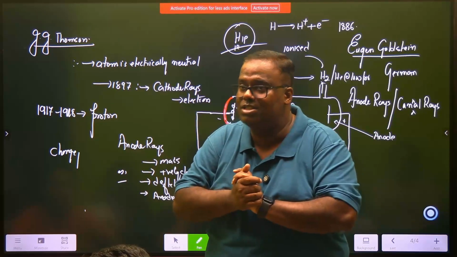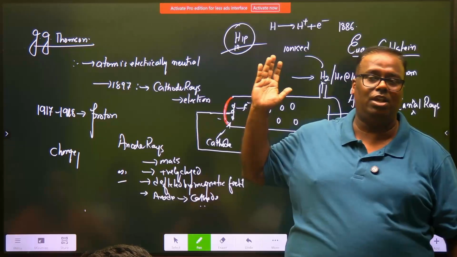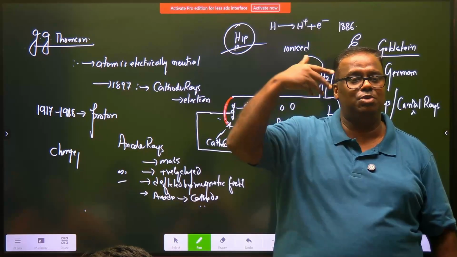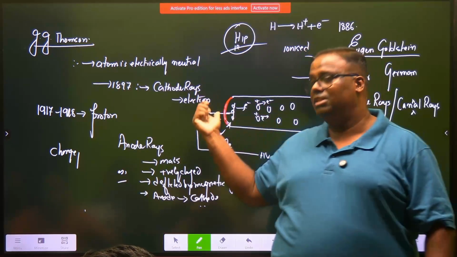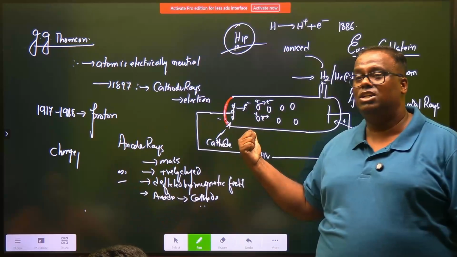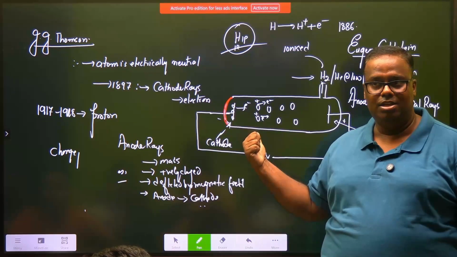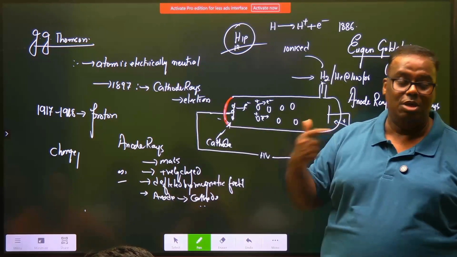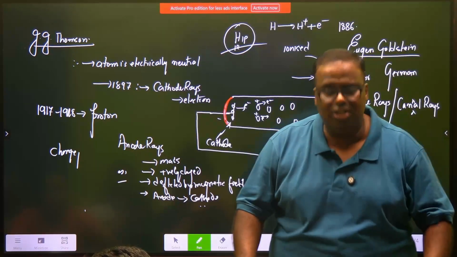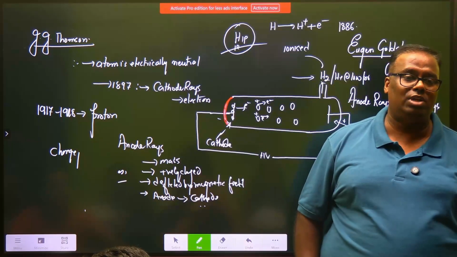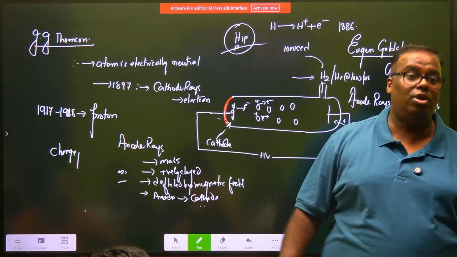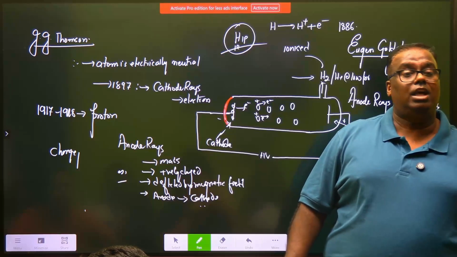But the difference is, in a cathode ray tube the charge by mass ratio remains the same irrespective of the gas you use. In this case, it is different. That means these rays do not contain a fundamental particle unless you are using hydrogen. Later studies found that these particles were much heavier than the cathode ray particles.